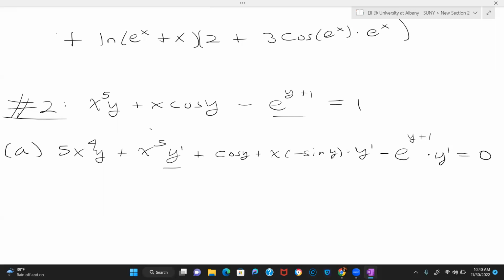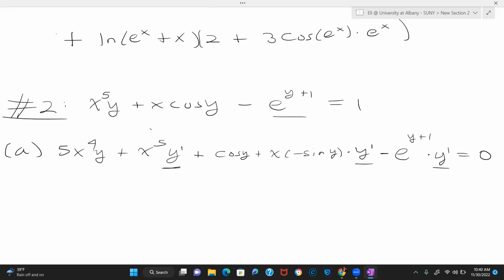All right, so we have a y prime. Now what we want to do is solve for y prime. So we have a y prime here, and then a y prime here and y prime here. So we want to put those terms together and then throw everything else on the other side.